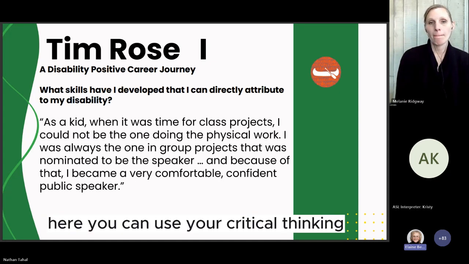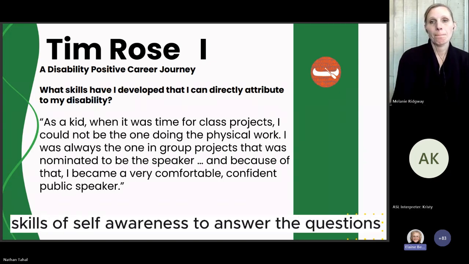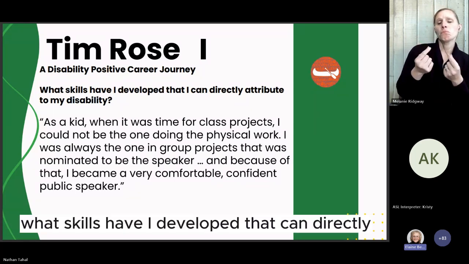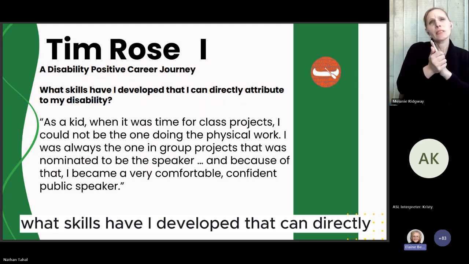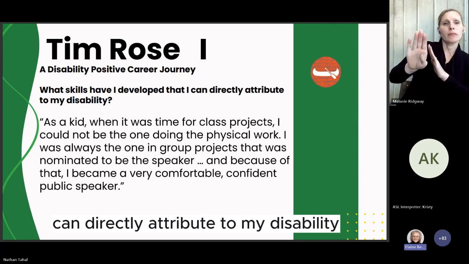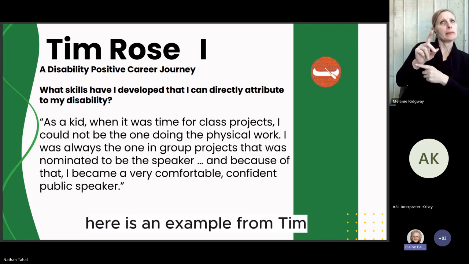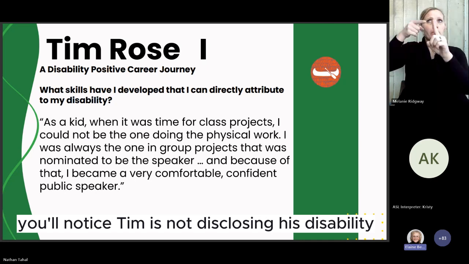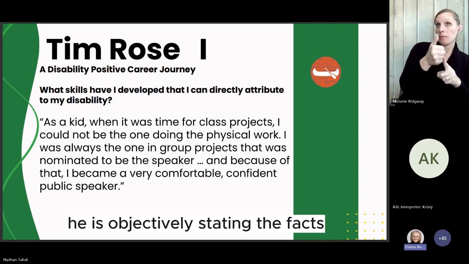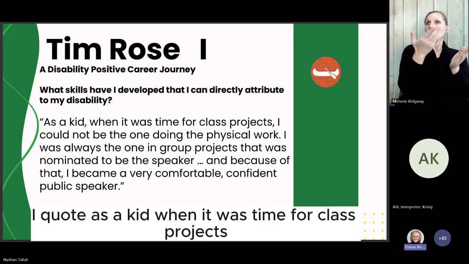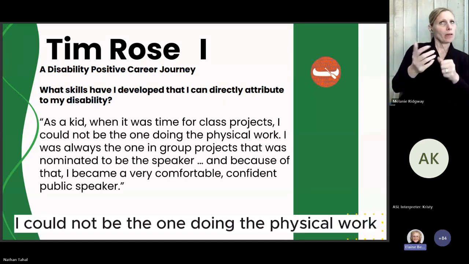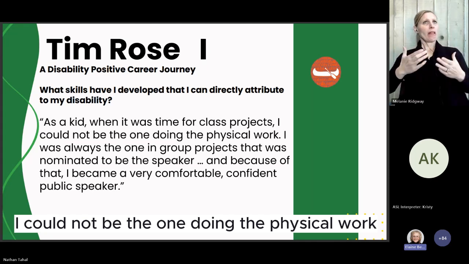Here you can use your critical thinking skills of self-awareness to answer the question: what skills have I developed that I can directly attribute to my disability? Here is an example from Tim. You'll notice Tim is not disclosing his disability. He is objectively stating the facts. I quote, as a kid, when it was time for class projects, I could not be the one doing the physical work.